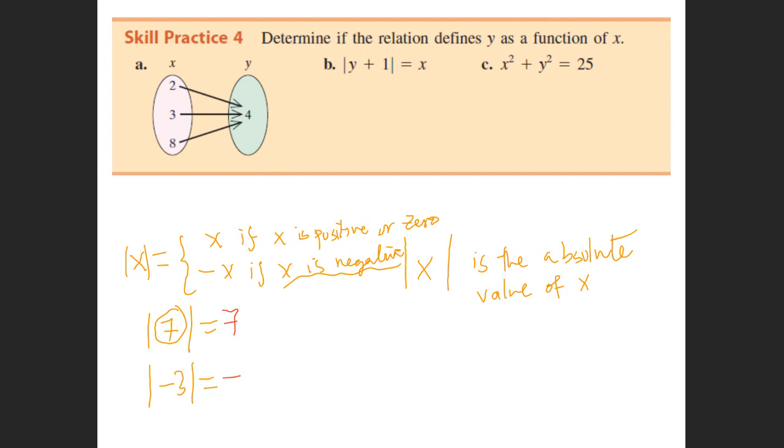So the output is minus of minus 3, which is 3. Absolute value of 0. Absolute value of x is x if x is positive or 0. So it's the same as the number inside the absolute value brackets. Therefore, the answer is 0.